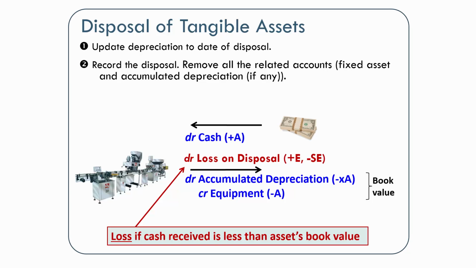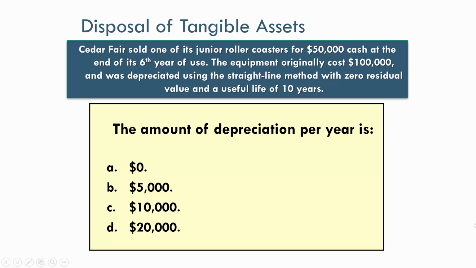And this slide may be a bit confusing to you. When we get into the problems, you'll see what we're talking about. Cedar Fair sold one of its junior roller coasters for $50,000 cash at the end of the 6th year. It originally cost $100,000, was depreciated using the straight line method with zero residual value, and a useful life of 10 years.